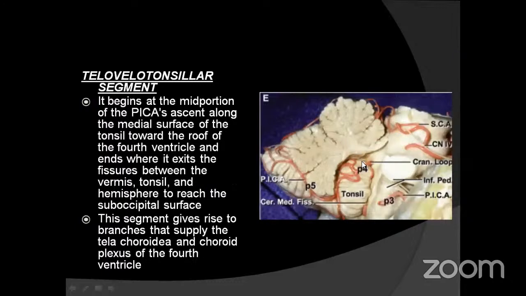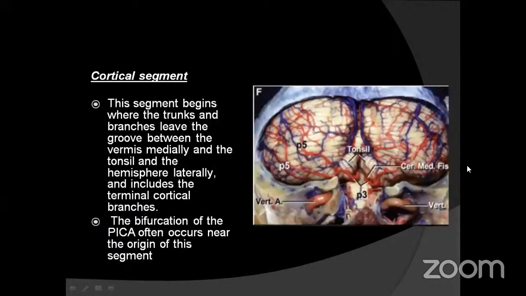We can see it here again. If we remove the tonsil and dissect it out, we can see the course of P4 here. Very easy.